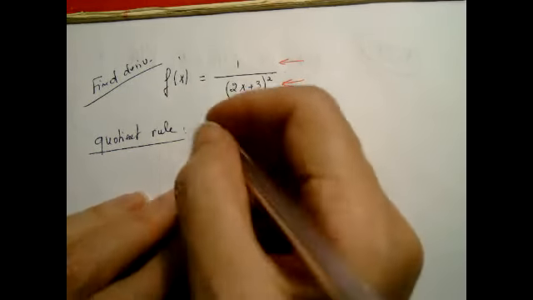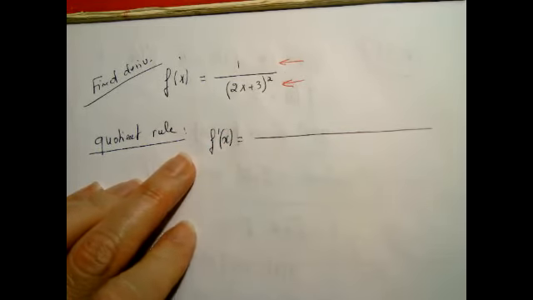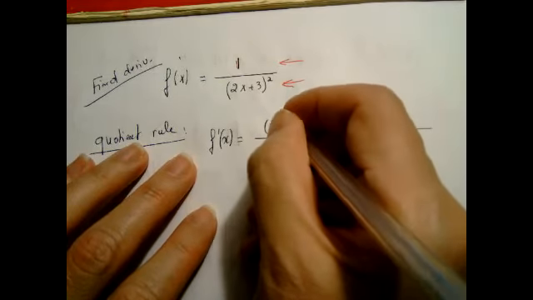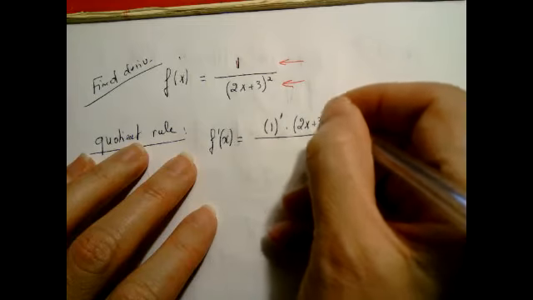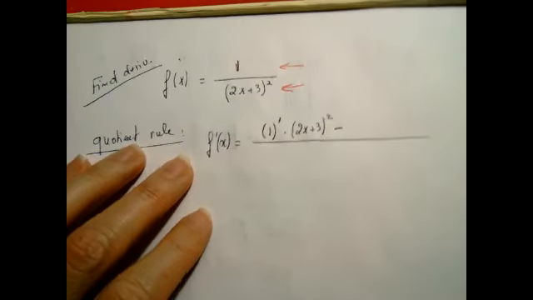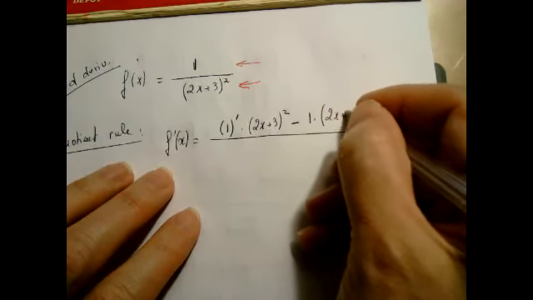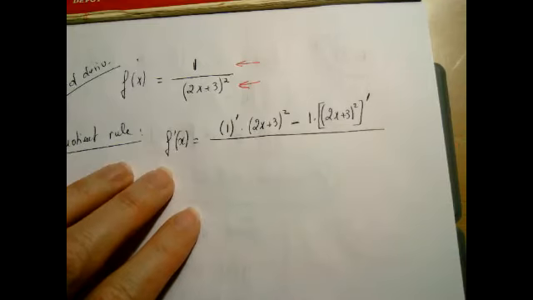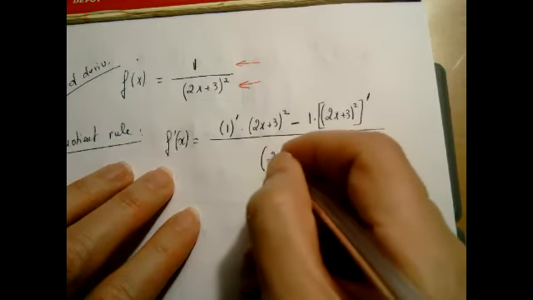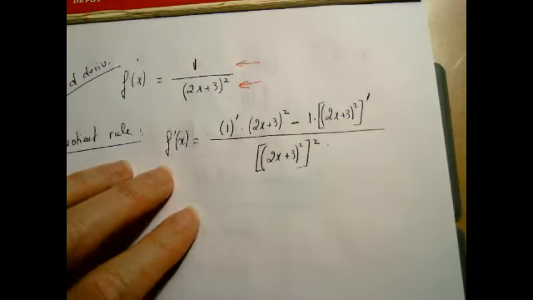Verbatim. What does the quotient rule tell me? It equals the derivative of the numerator times the denominator, minus the numerator, which is 1, times the derivative of the denominator, all divided by the denominator squared.